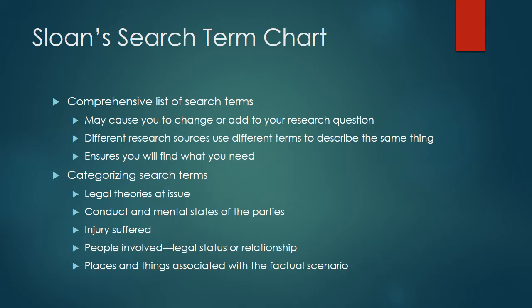Just as listed on this slide, they're listed pretty much the same way on her search term chart. Okay? So the objective is to understand that the same chart can be used. You just change the first column to the categories according to the method you use, TAPP, TARP, or Sloan.